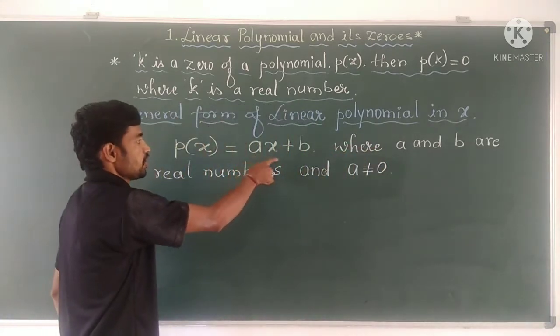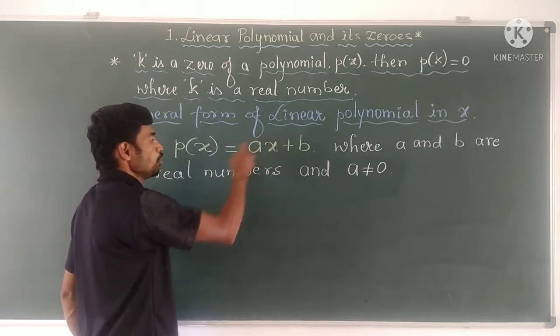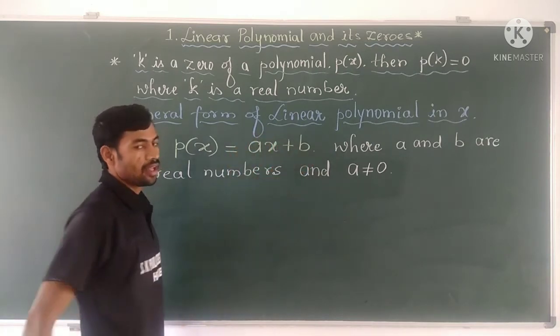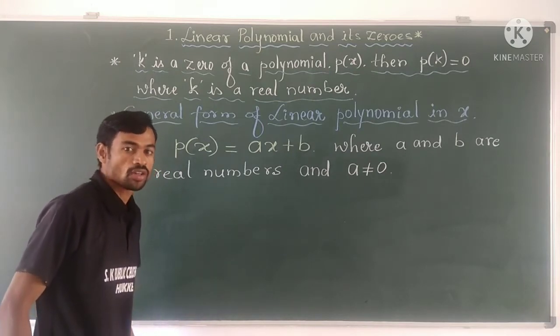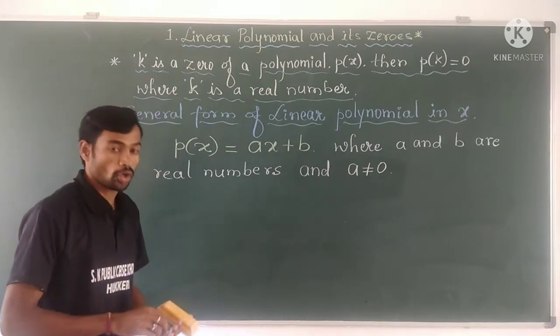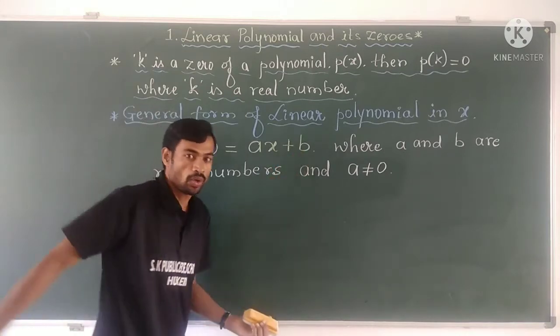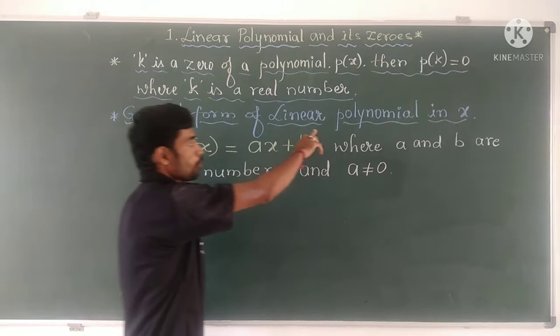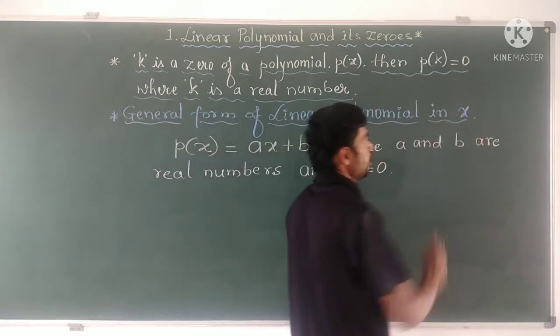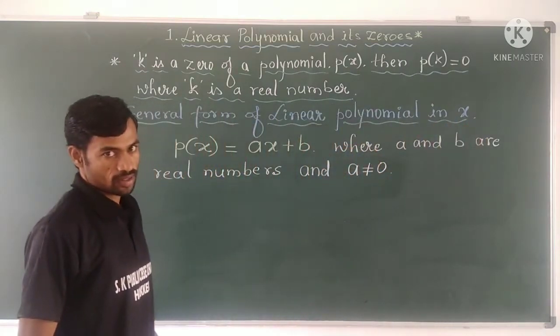Suppose a is 0, the entire value will become only b. Then we can say it is a constant polynomial, a non-zero constant polynomial when b is not equal to 0. Clear? So this is the general form of a linear polynomial in x.